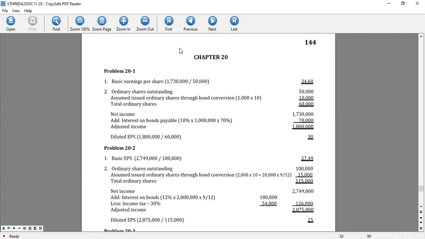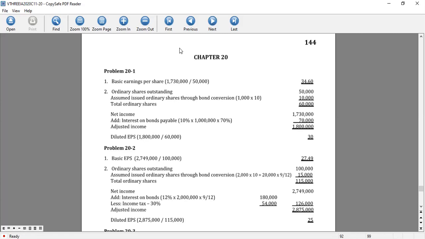Then we have the assumed issued ordinary shares through bond conversion. So we have 1,000 multiplied by 10, because, as stated, the bonds are convertible into ordinary shares in the ratio of 10 ordinary shares for each bond.